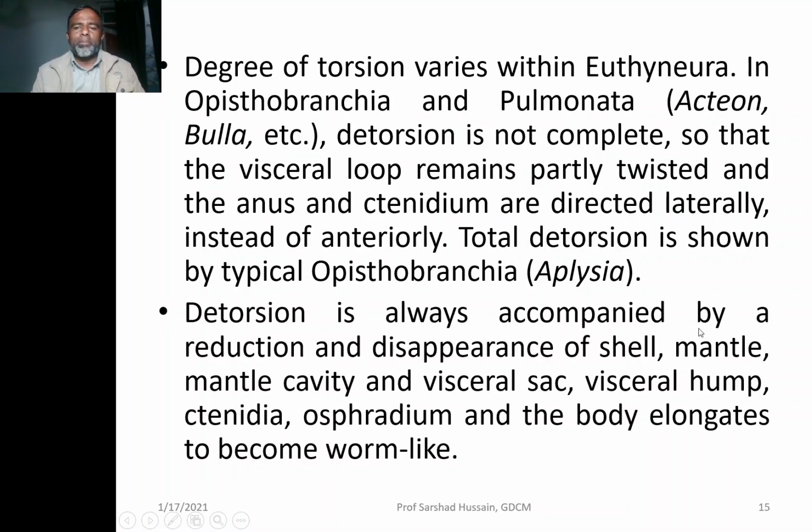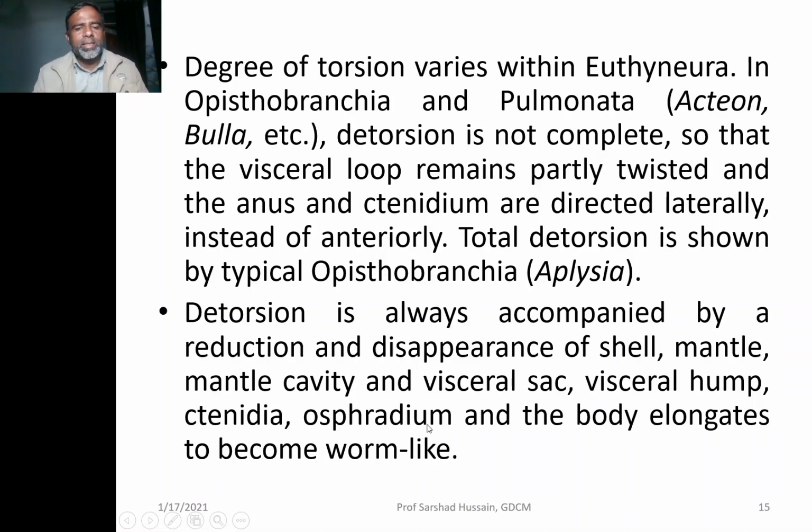Detorsion is always accompanied by a reduction or disappearance of the shell, mantle cavity, visceral sac, visceral hump, ctenidia, and osphradia. All these things will get lost because the torsion took place in order to keep these organs in the right position.